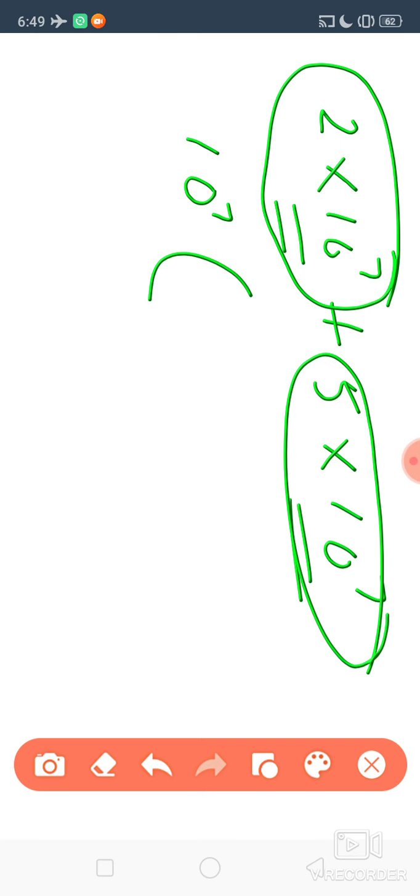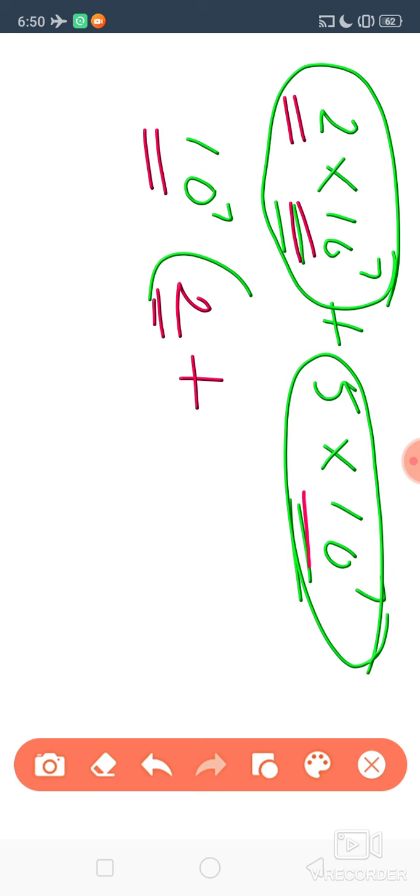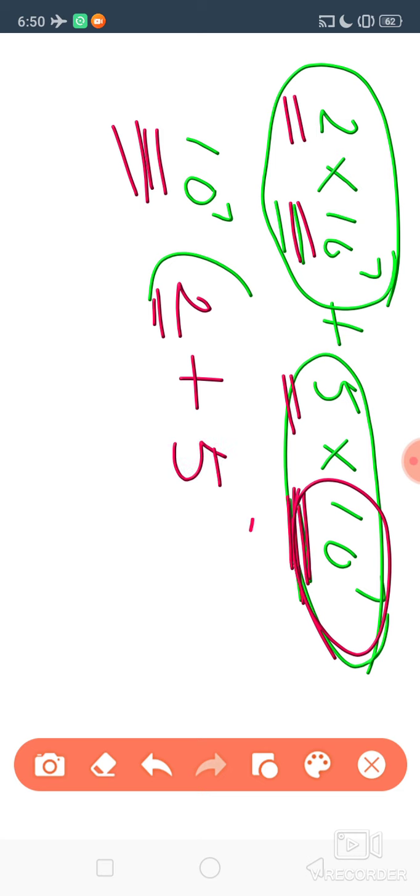Here 10 to the power 7 is multiplied by 2, so we'll write 2. Then there is a plus, and here 10 to the power 7 is multiplied by 5, so we'll write 5.